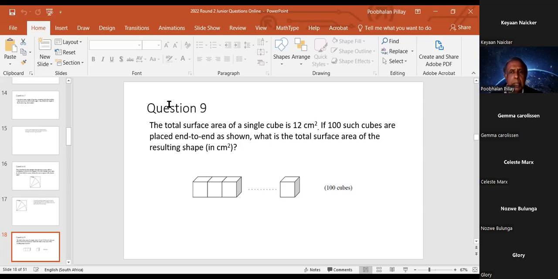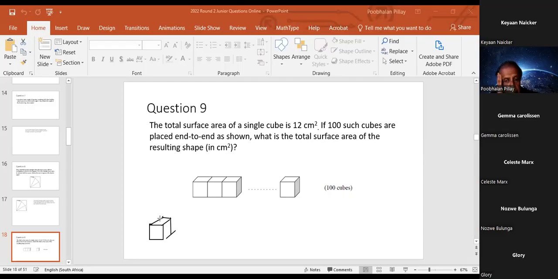12 centimeters squared. So when you got a single cube, these cubes here, the total surface area, if I draw a cube there like that, now a cube has got 6 sides, all identical, right?